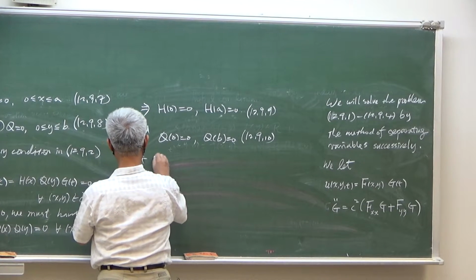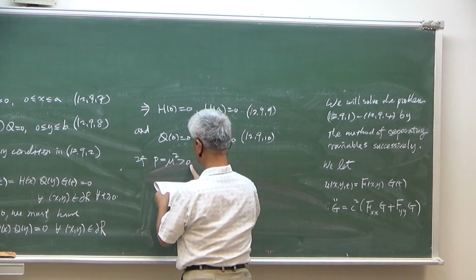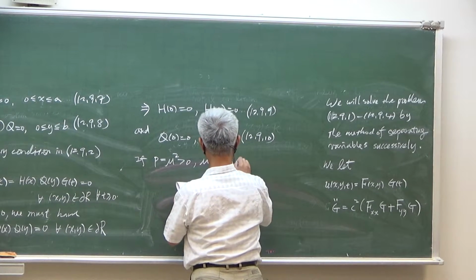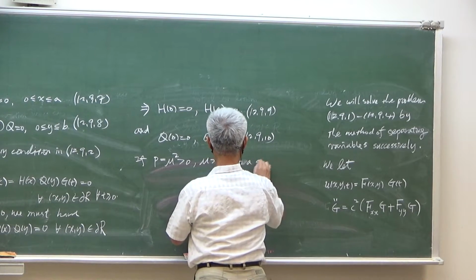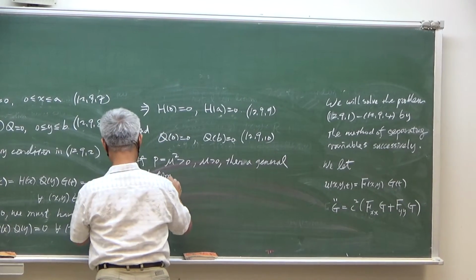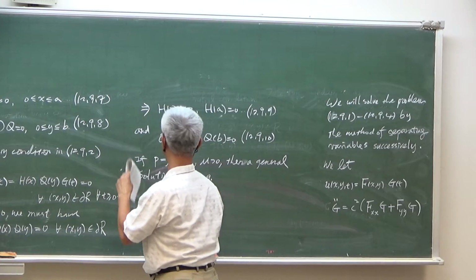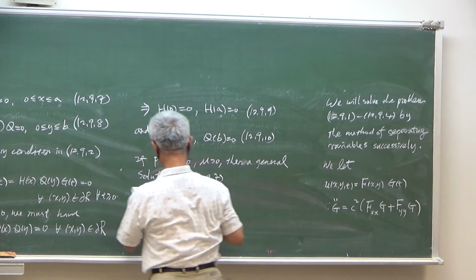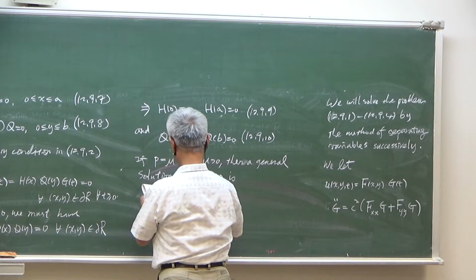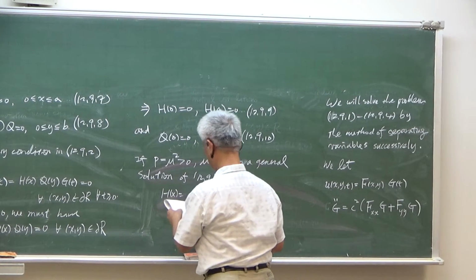So if p is greater than 0, then a general solution of 12.9.7 is h of x equal to A e^(mu x) plus B e^(minus mu x).